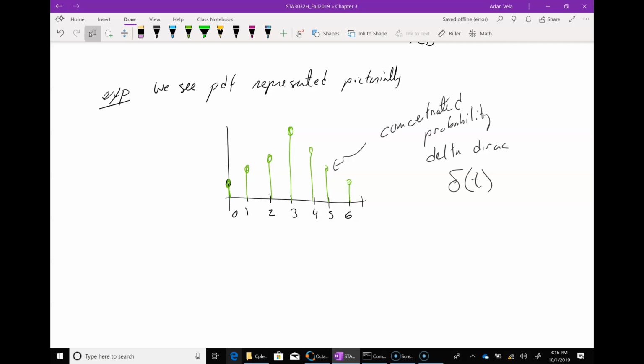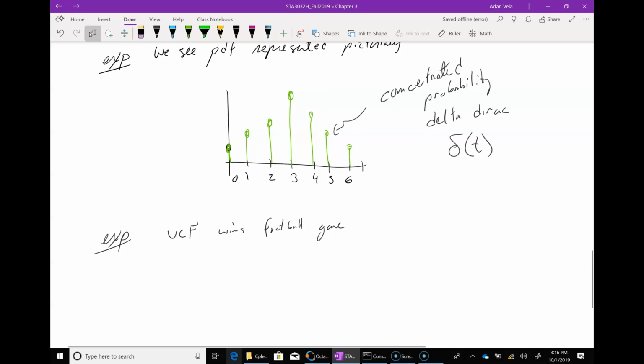Certainly, we can talk about other probability functions. Let's say UCF wins the football game. This is a type that we're going to see all the time.